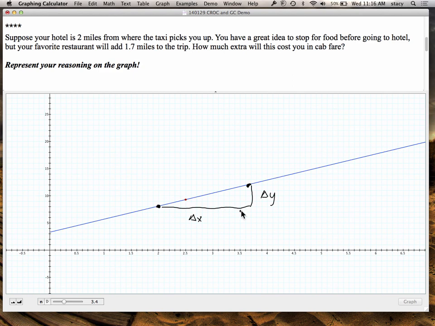Well, what are those things? So this horizontal line, right? That's a line. How do you represent a horizontal line mathematically? Y equals something, right? What is the something that this equals? Y equals 2?